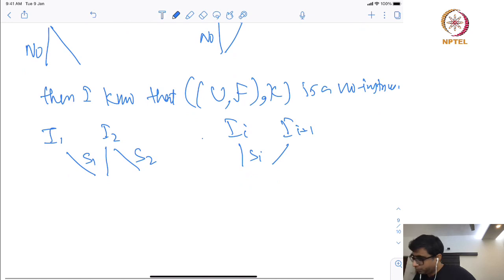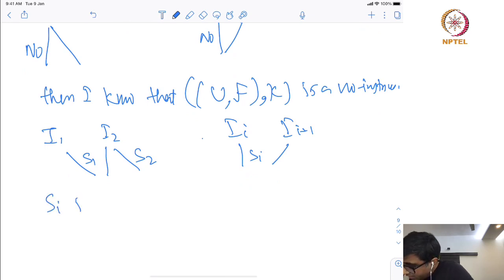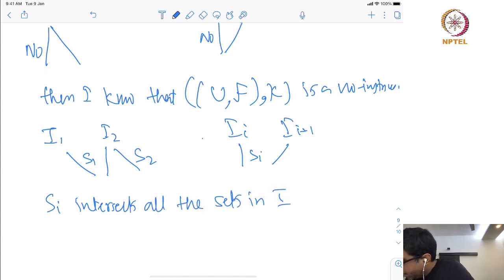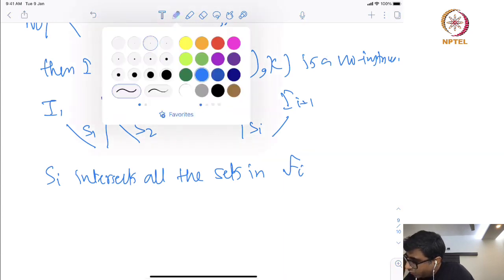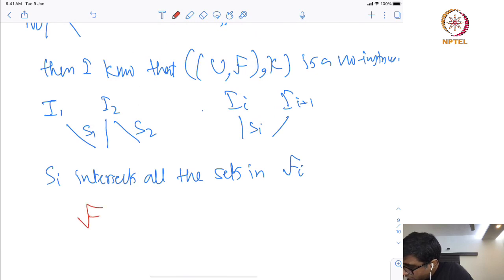Now what I know is that Si intersects all the sets in Fi. But what is Fi plus 1? Fi plus 1 is actually nothing but Fi plus one more set.